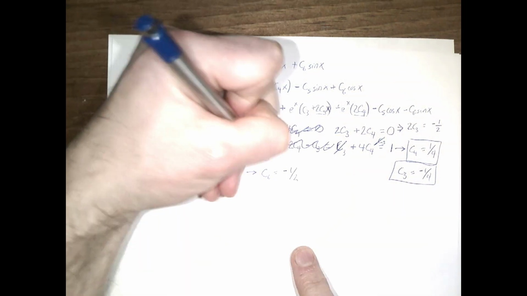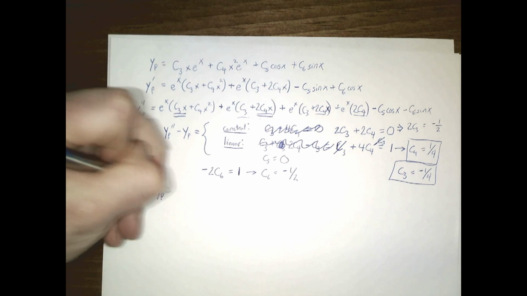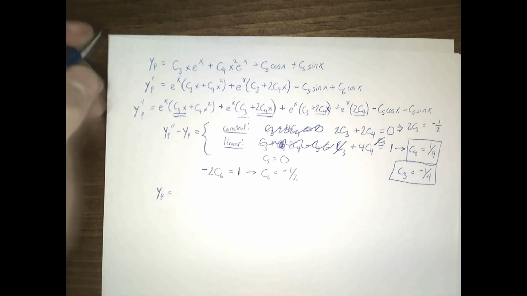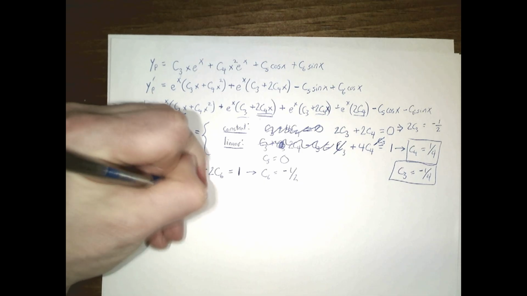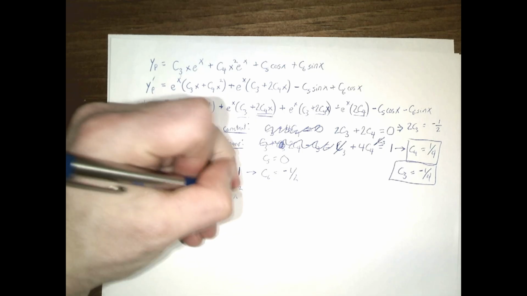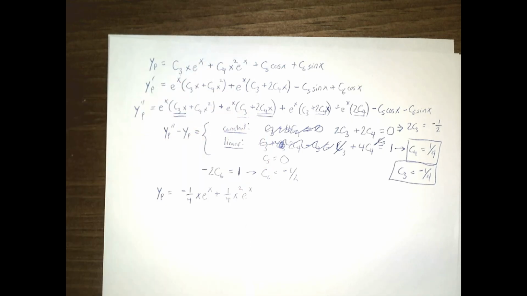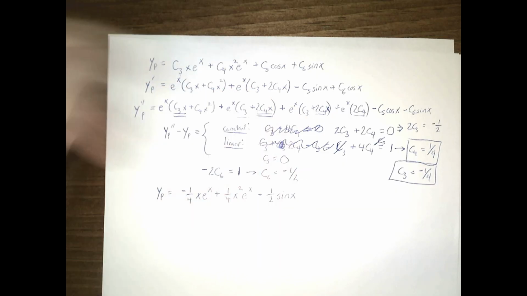So with these coefficients all determined now, we can show that our particular solution is equal to C3 is negative 1/4 x e to the x plus 1/4 x squared e to the x. C5 was 0 minus 1/2 sine x.